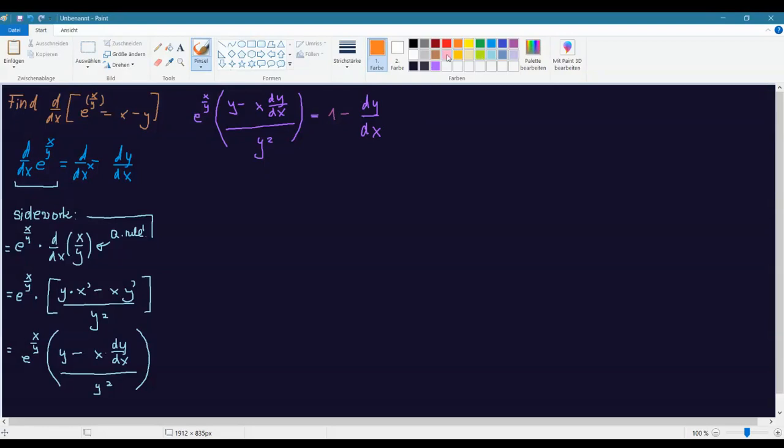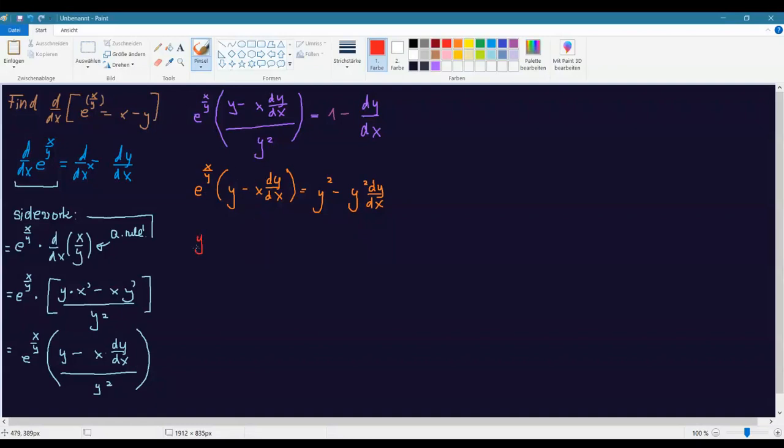So we're going to multiply both sides by y squared and end up with e to the x over y times y minus x times dy over dx equals y squared minus y squared times dy over dx. Then we're going to multiply this argument by e to the x over y.